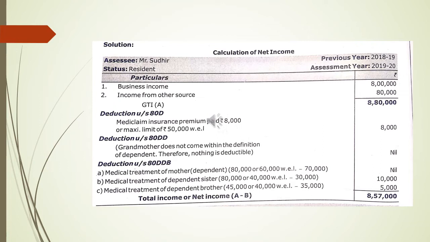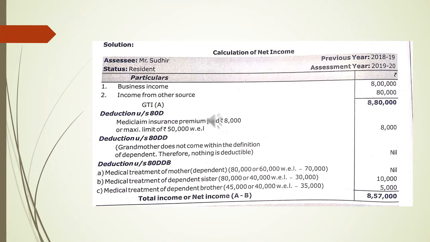Then expenditure incurred on medical treatment of dependent mother whose age is 65 years and is from a recognized hospital. 80,000 has been spent, but 70,000 has been received from the insurance company. This comes eligible under section 80DDB.